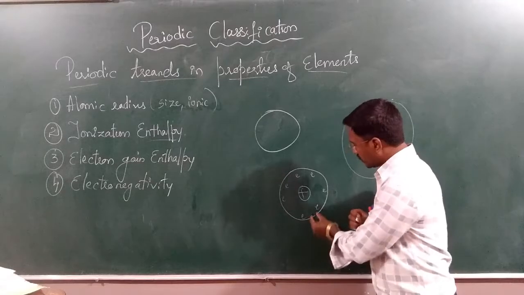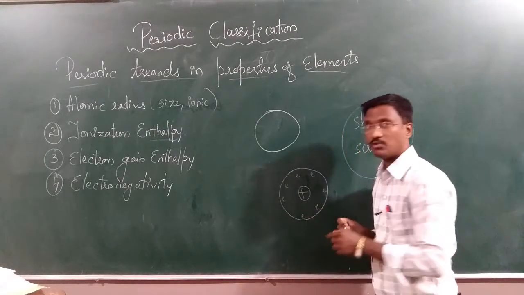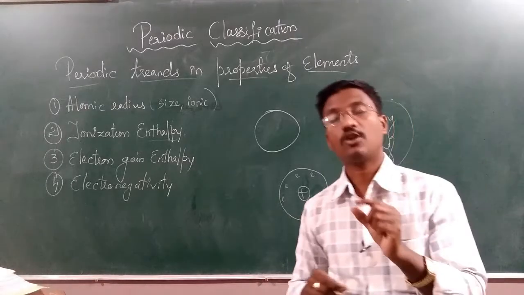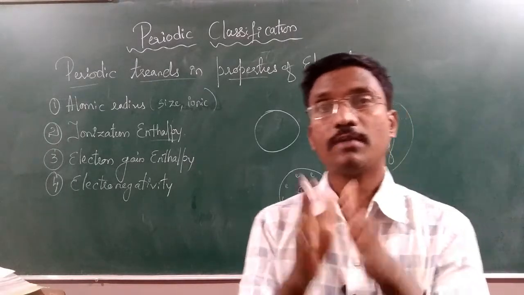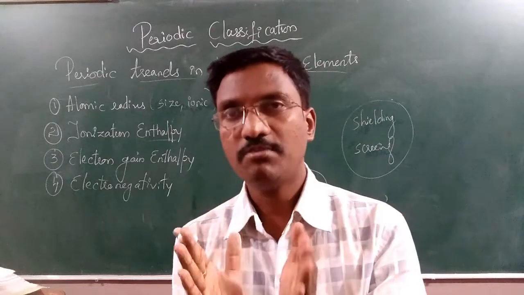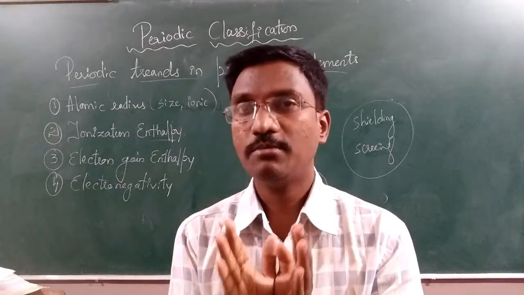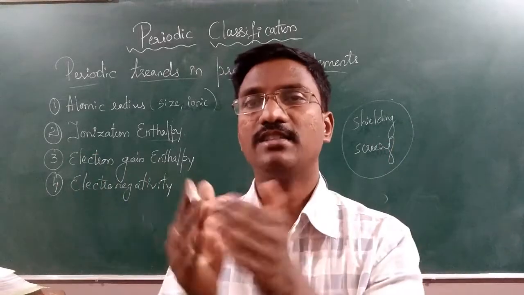One more thing: each electron being negatively charged, they should undergo repulsion between each other. Electrons being the same charge, they should repel, and the attraction is only between the outermost electrons and the nucleus.